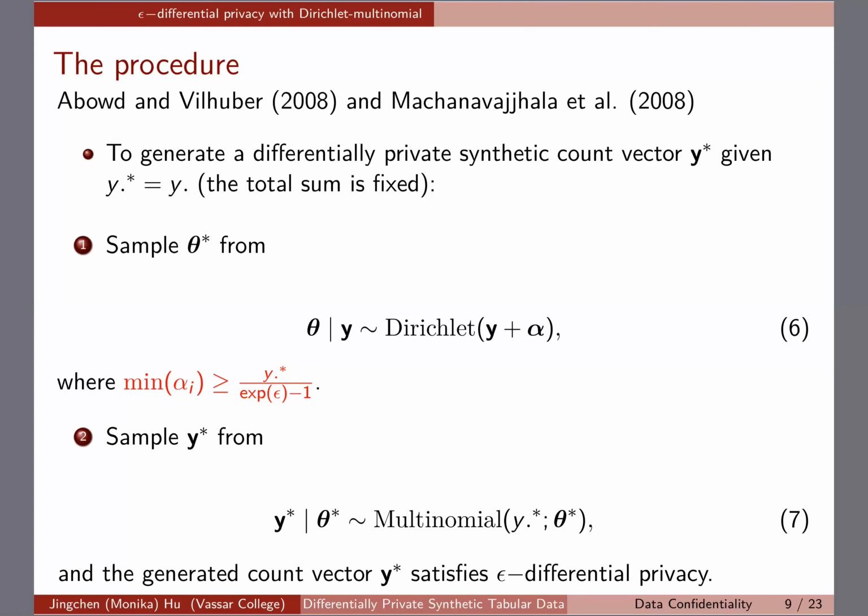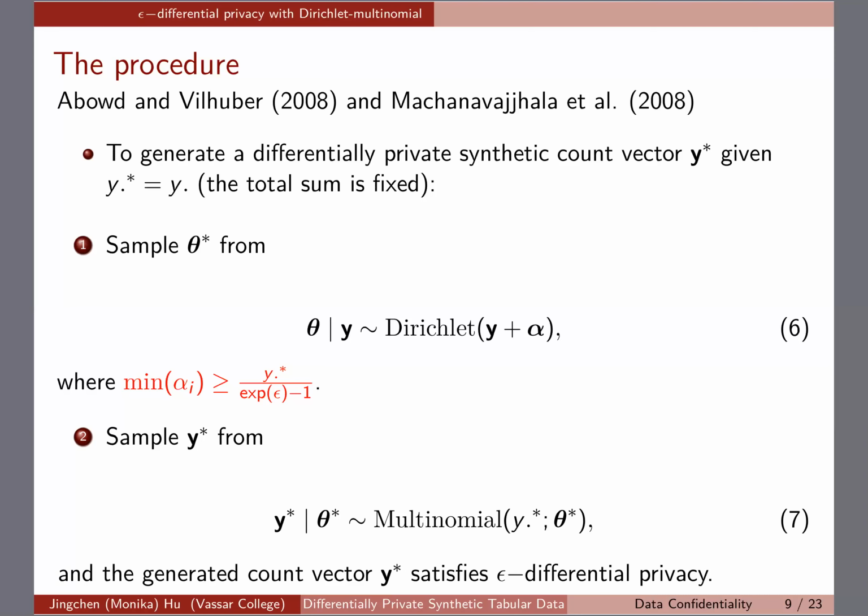You can think of that now my theta star, the parameters are differentially private, so the synthetic data generated from it will be differentially private. Okay, so that's what equation 7 is about. And as you can see, the procedure is really we are doing something very similar as before. We're doing posterior predictive, right? Like 6 is the posterior and 7 is the posterior predictive.